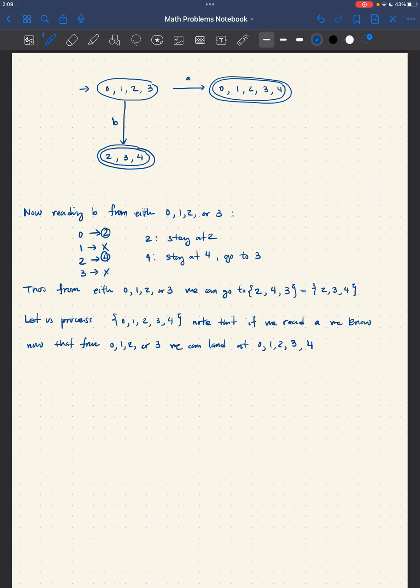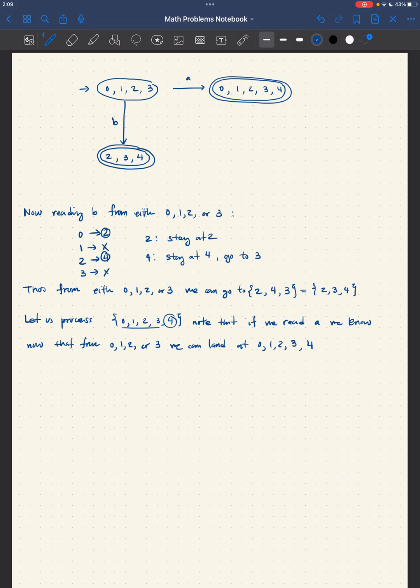Now, you may say, well, this covers everything in the collection, except for this state. But from that state, let's see what happens. If we read an A, there's absolutely nothing that we can do. But you may jump to 3 by following an epsilon arrow, and that's already within the collection that we have here.